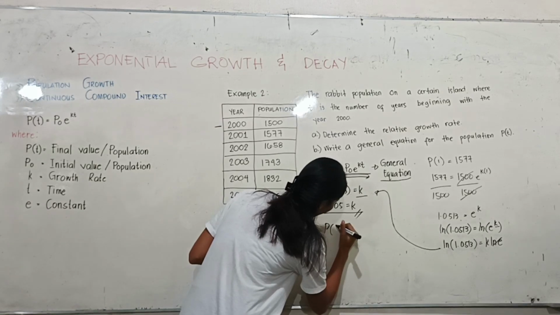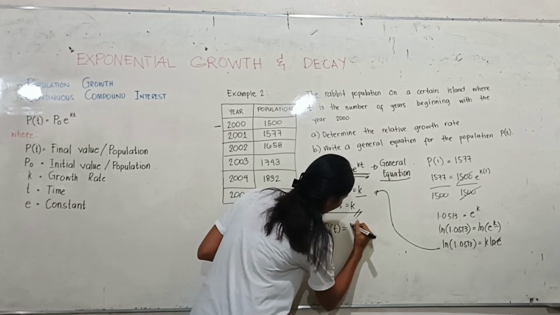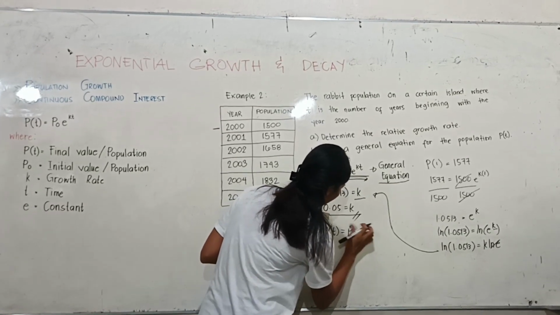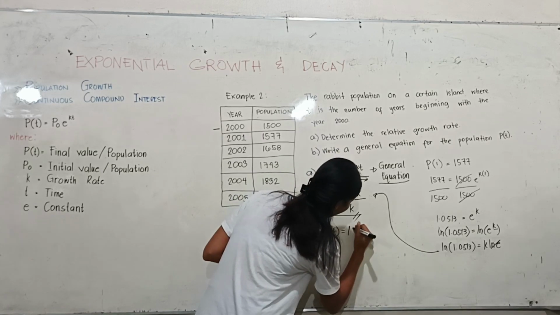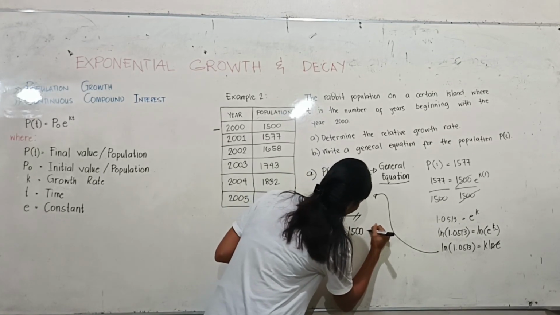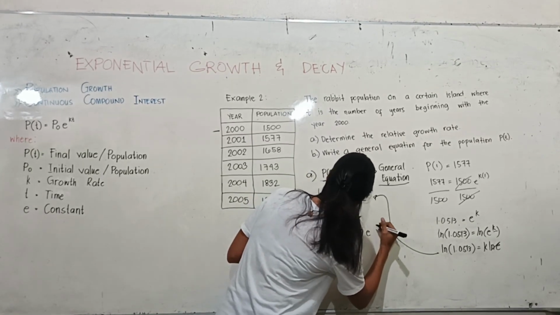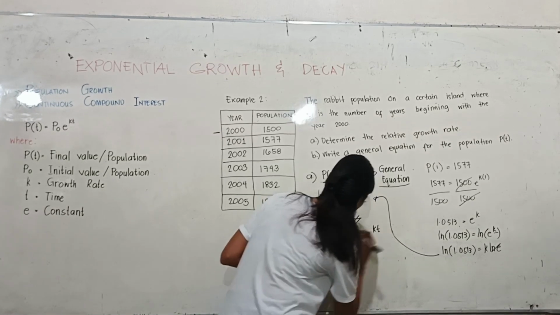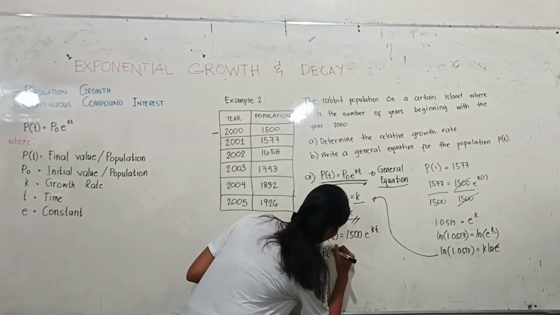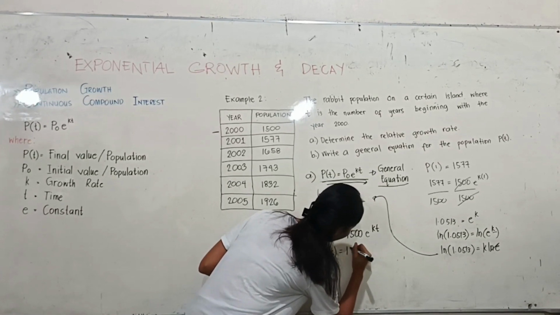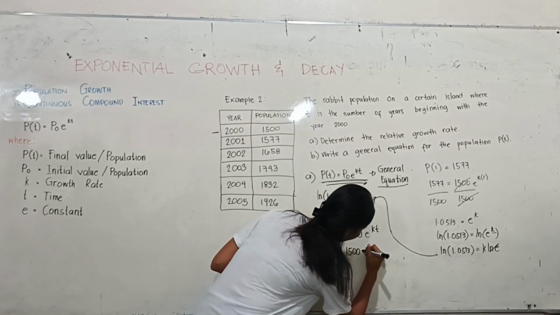P of T is equal to, the value of our P0 is 1,500, e raised to the power of KT.